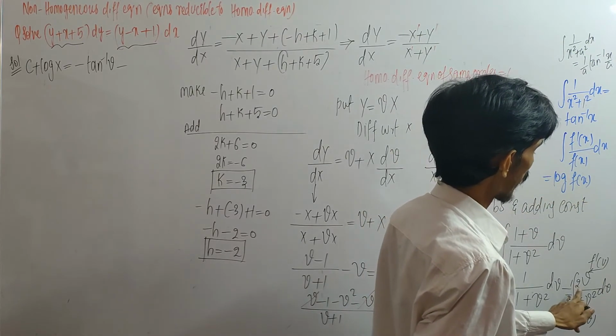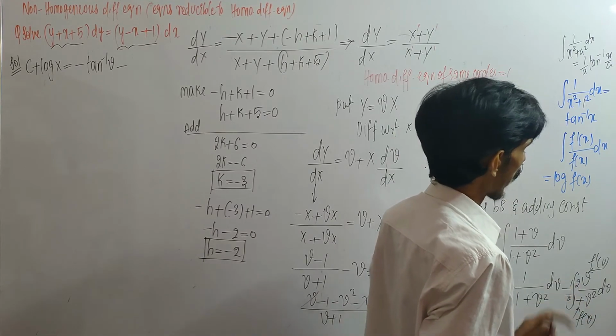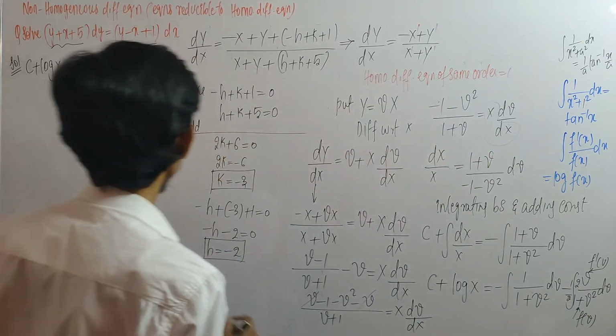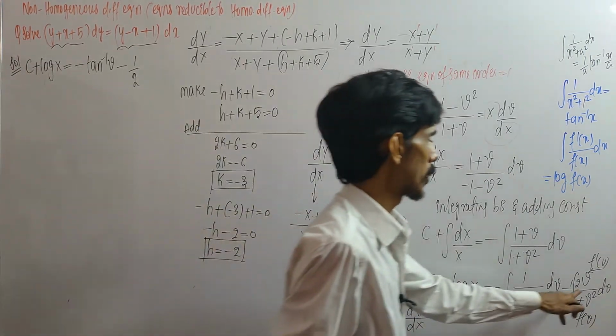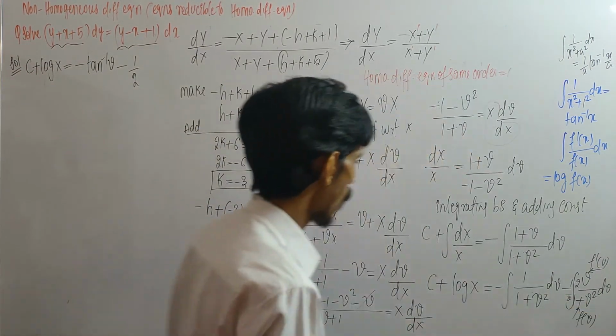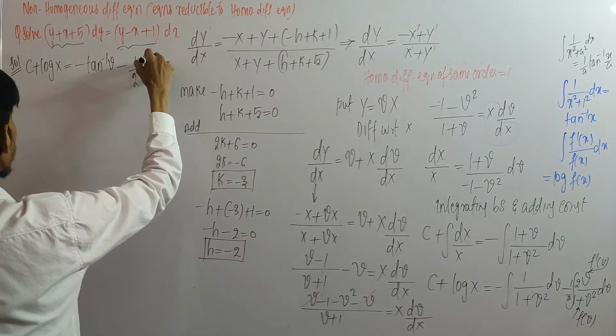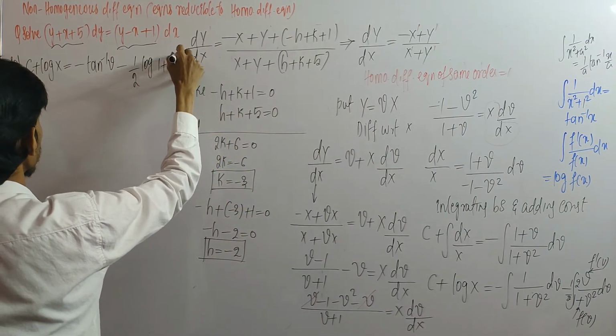We require 2 here, that's why we have multiplied 2 and divided by 2. So here I'll get minus 1 by 2 integration 2v by 1 plus v square value is log of denominator, that is 1 plus v square.